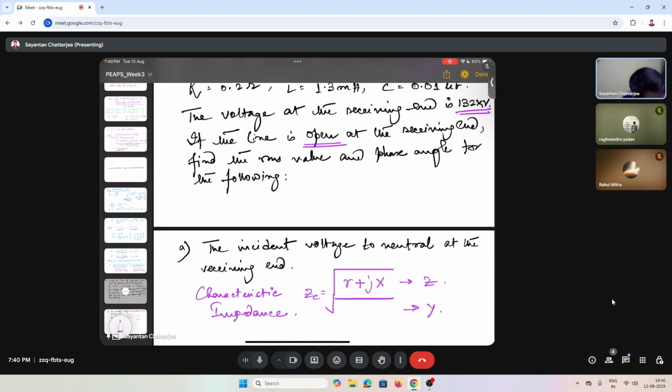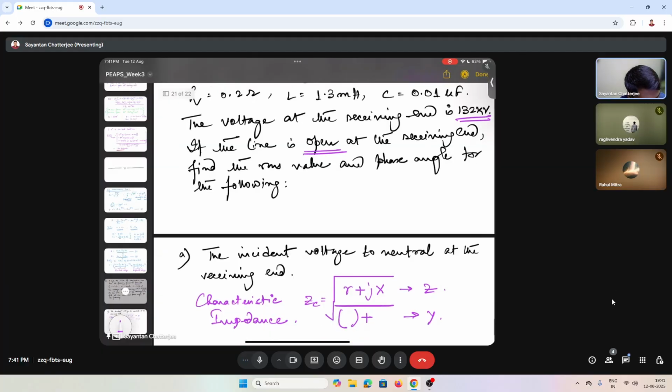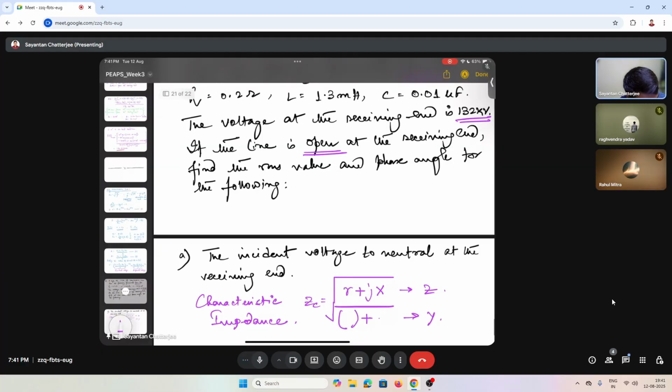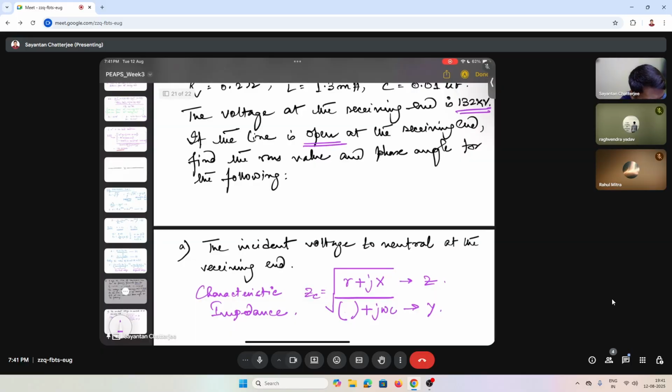One thing you can do: for the Y value in the denominator, the real part is not given. So in that case, you may consider in the denominator only the effect of C. It's j omega C. This value is not given, so no need to consider it.